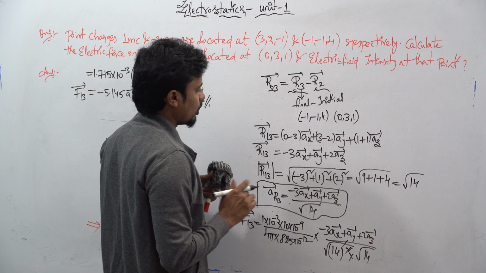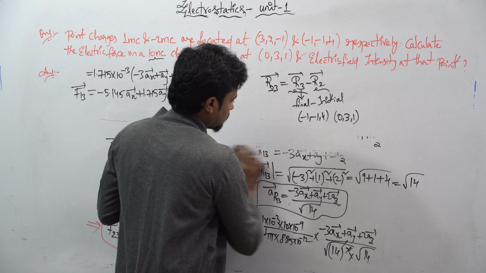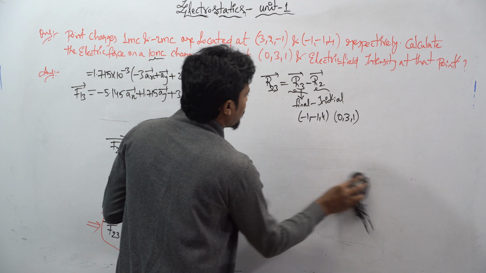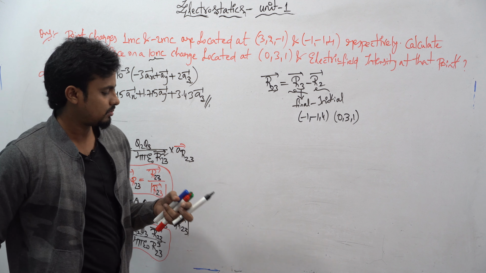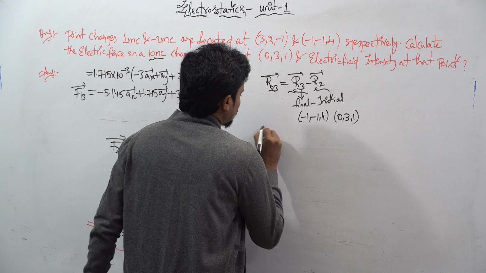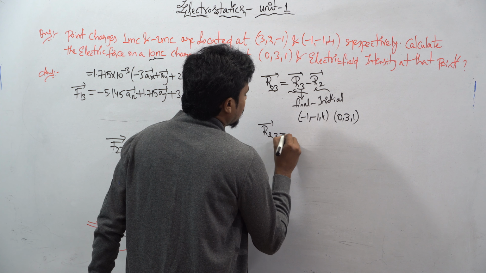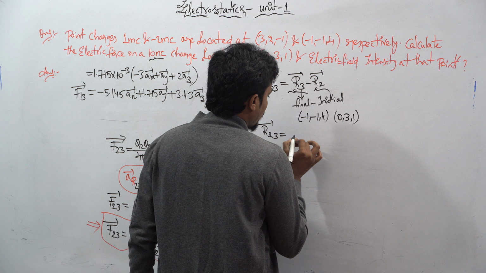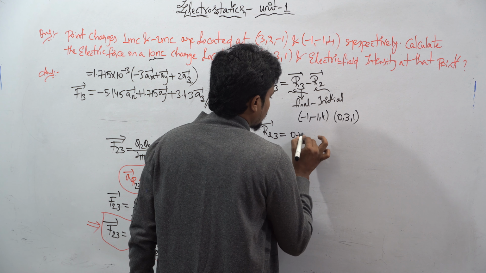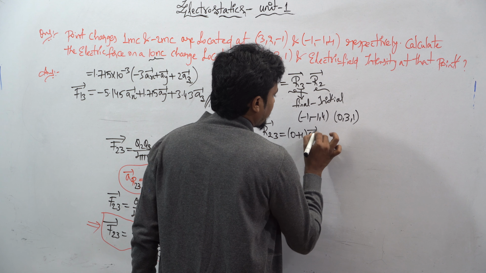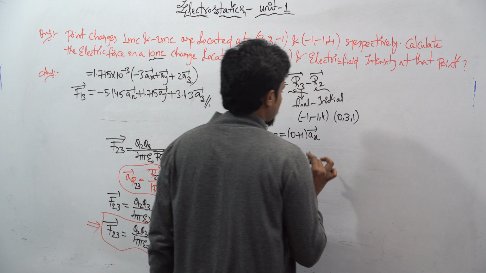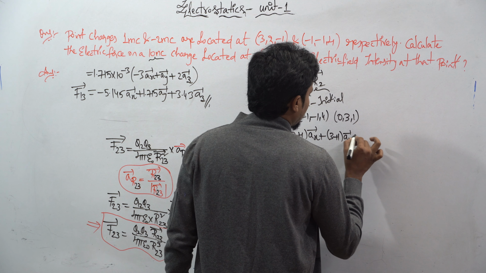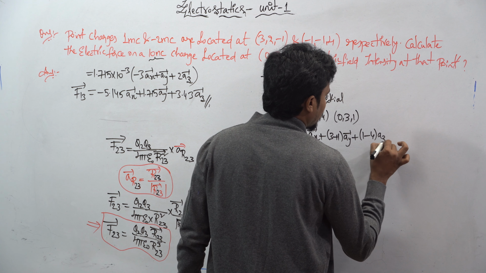Okay, and now let's see. Now apply your analysis. What will happen? So position vector R23 bar be equal to final minus initial, that be 0 minus (minus 1), this will become 0 plus 1 ax bar plus (3 plus 1) ay bar plus (1 minus 4) az bar.